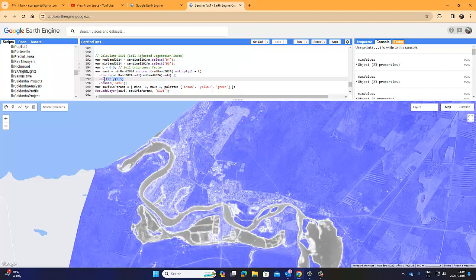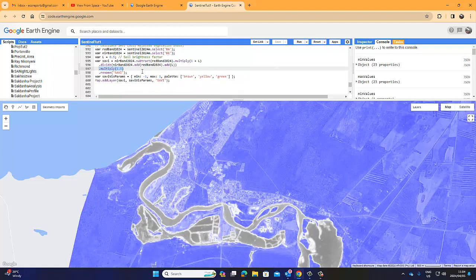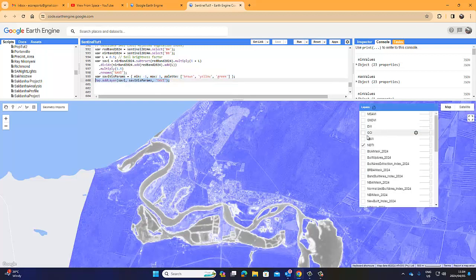This 1.5 is 1 plus L, which is also 1.5. So it is a spin-off, an evolution of the normal NDVI. As I said, it just uses a different equation, but the same bands. Again, very simple visualization parameters, and then we display it. See how that looks.